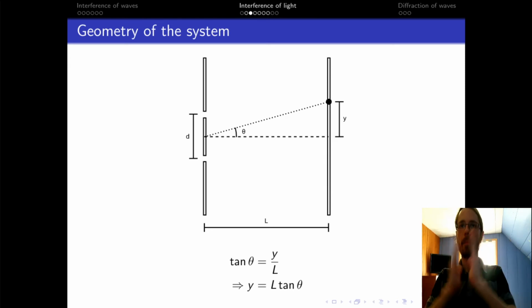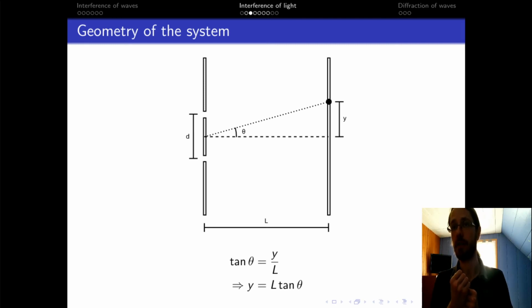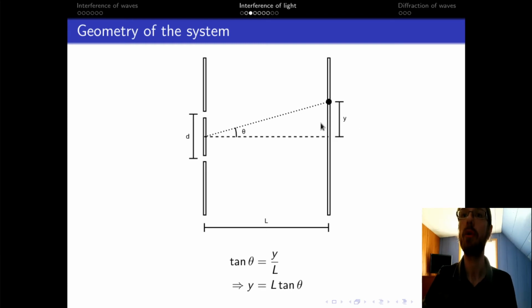So some geometry. We'll eventually be interested in finding the position of the fringes, whether they are bright or dark. So we'll have to find some equations just to represent where some point is located on the screen. Our point of reference will always be the center of the screen over here, which is represented by a dashed line.